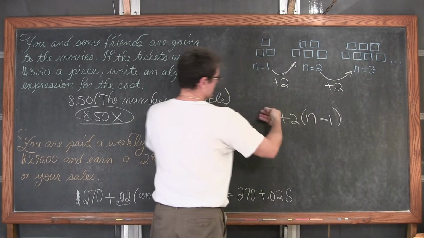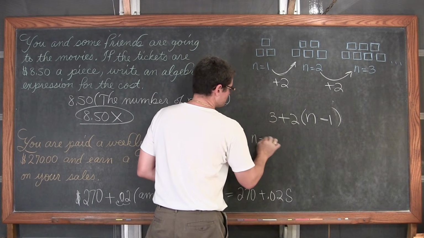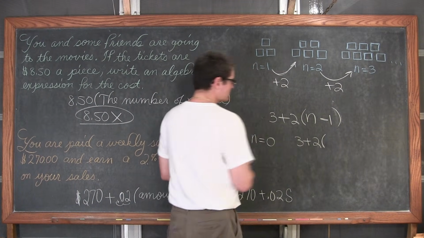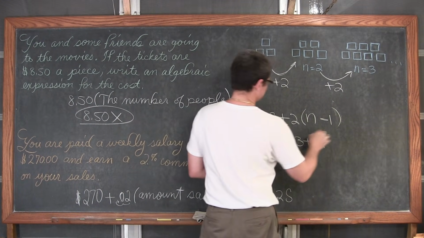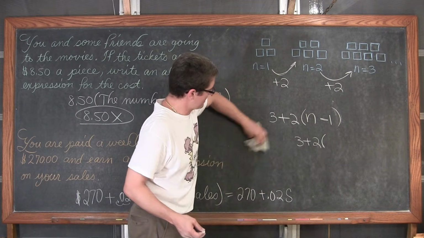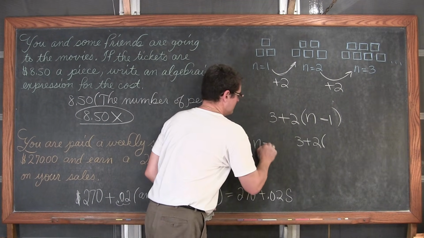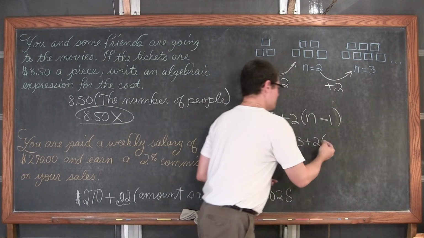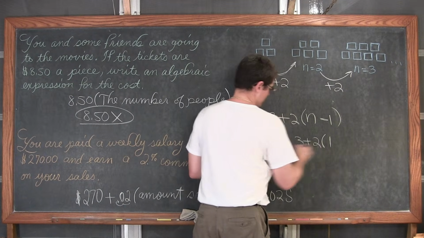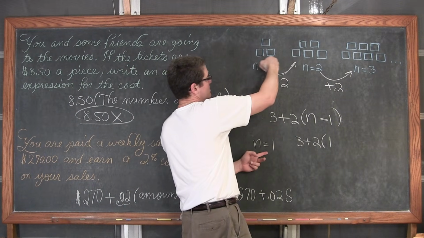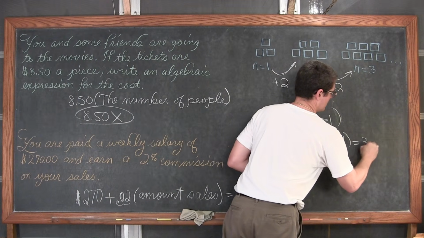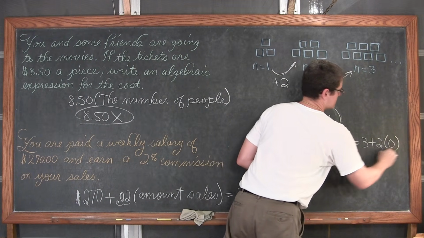What does this expression equal when n is 0? Well, it's 3 plus 2 times, excuse me, I don't want to have n equal 0 because I started my n value at 1. So what happens if n is equal to 1? Well, it's 3 plus 2 times 1 minus 1. Well, that's 3 plus 2 times 0.